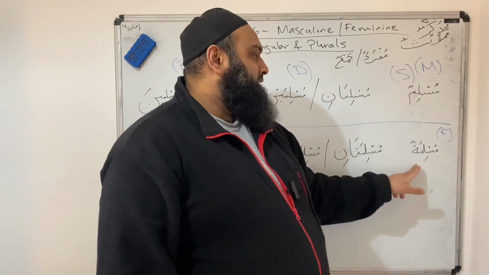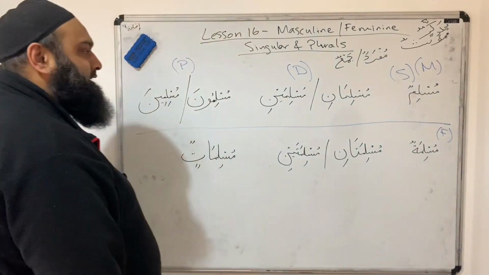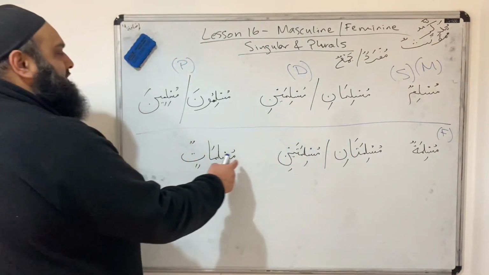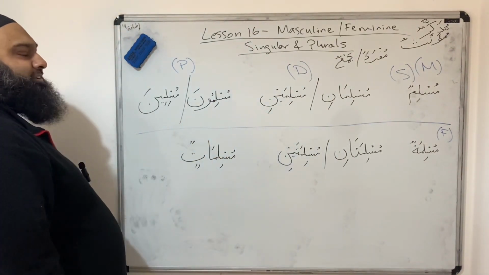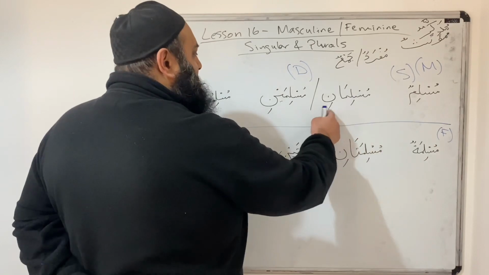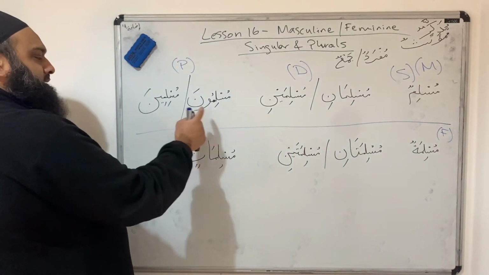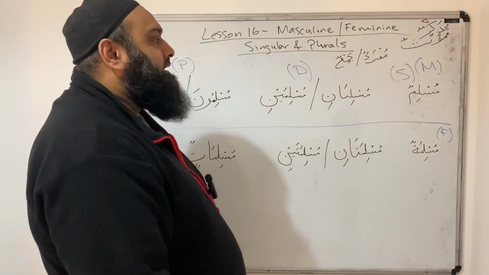It goes from Muslimatun to al-Muslimatu. Whatever the harakat is at the end, you will drop it. But these ones don't change if you add the alif lam onto them. It goes from muslimani to al-muslimani, muslimuna to al-muslimuna, al-muslimat. So that's no problem.